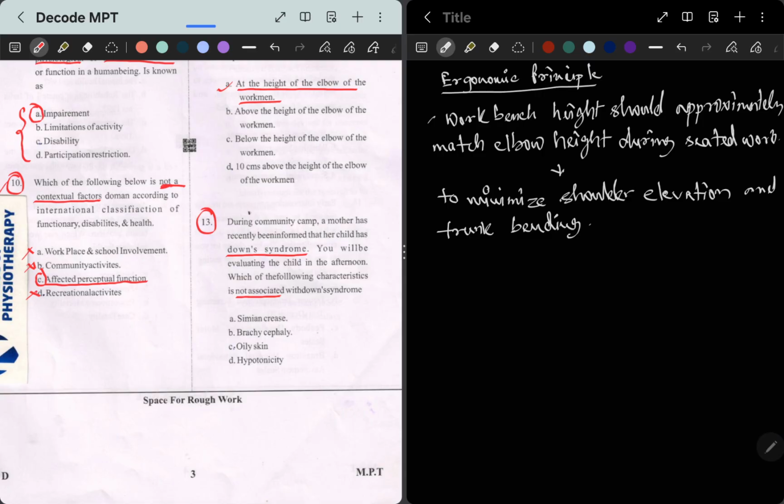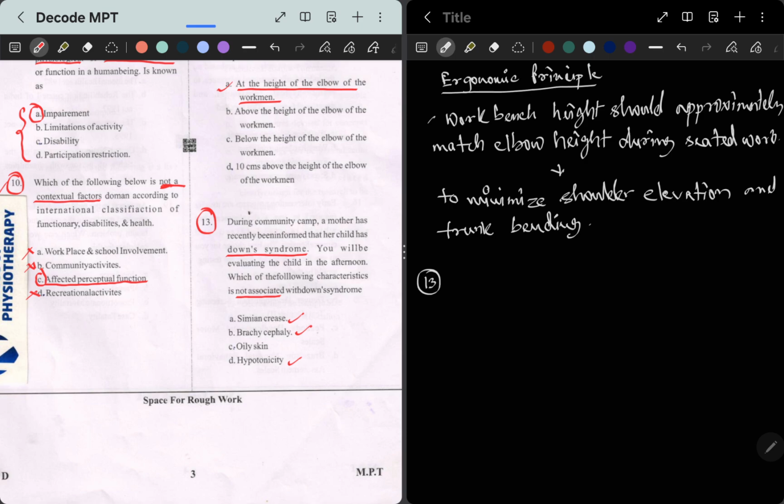The options are: simian crease, brachycephaly, oily skin and hypotonicity. In Down syndrome, the simian crease is commonly present, brachycephaly is present, and hypotonicity is also present.